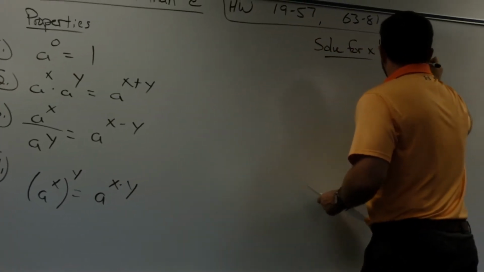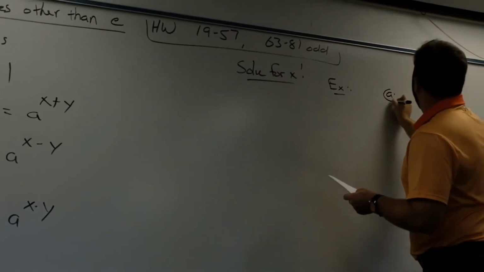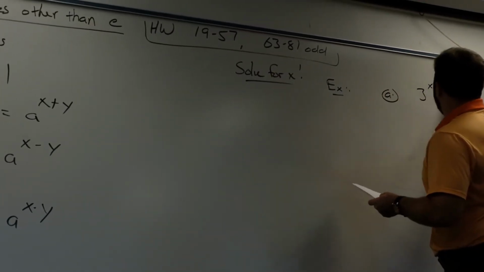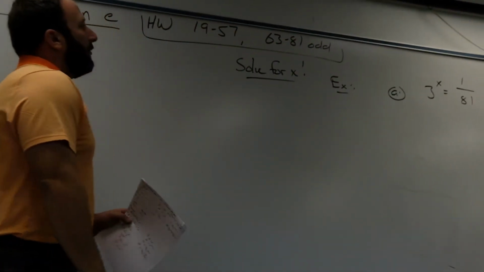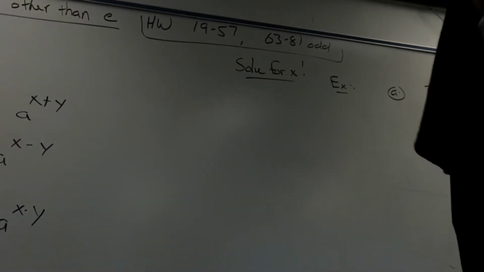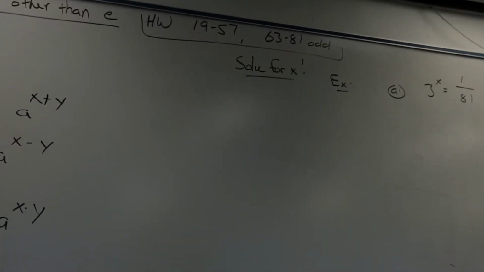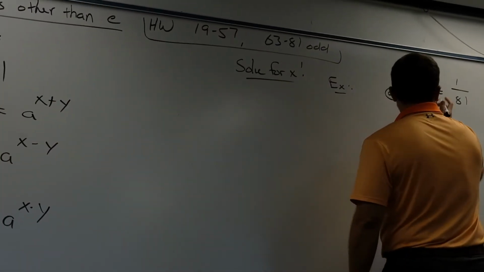Get a little bit of a review from college algebra. We want to solve for x here. So we've got 3 to the x equals 1 over 81. How can I get that x down from the exponent? What do I need to do to both sides? ln. Good. Take an ln.